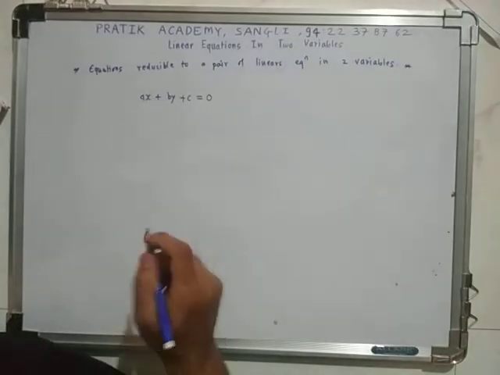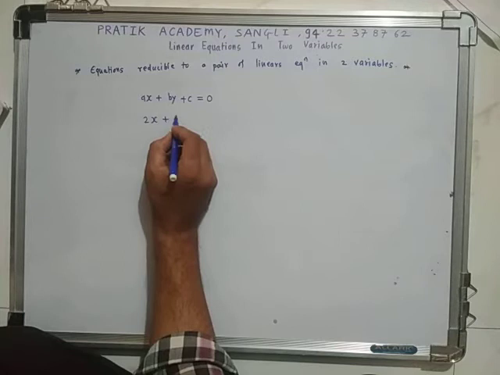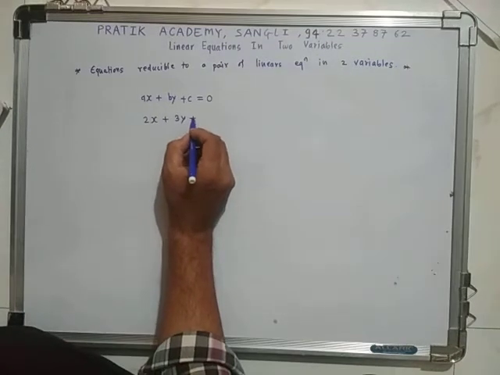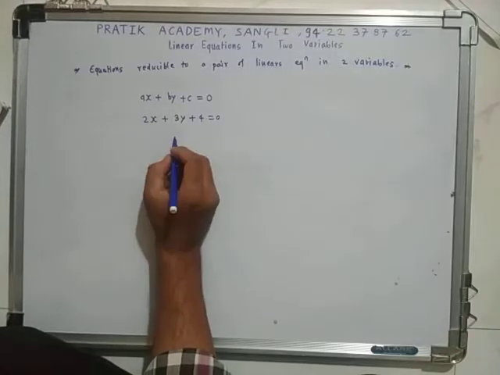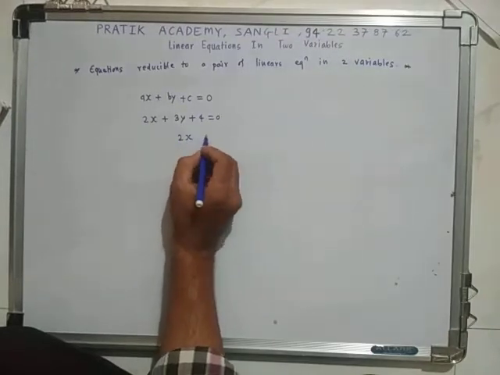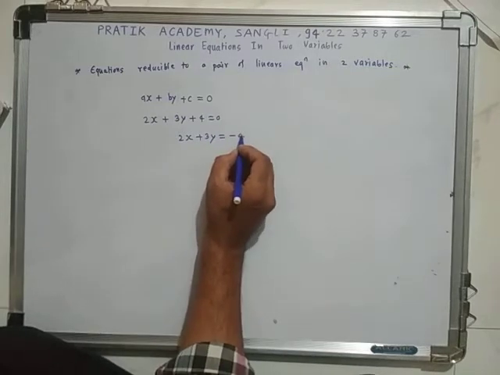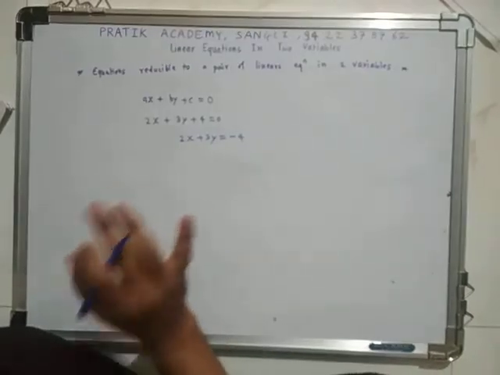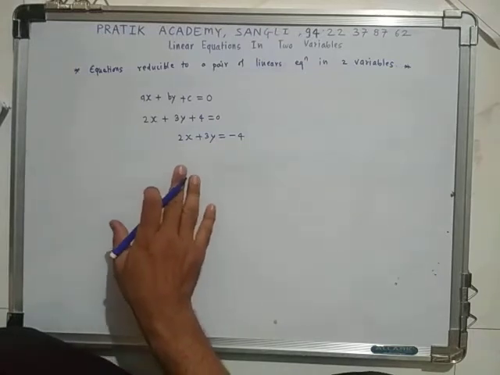If you take an example, 2x plus 3y plus 4 is equal to 0 is an example of a linear equation. Again, 2x plus 3y minus 4 is also an example of a linear equation in two variables.